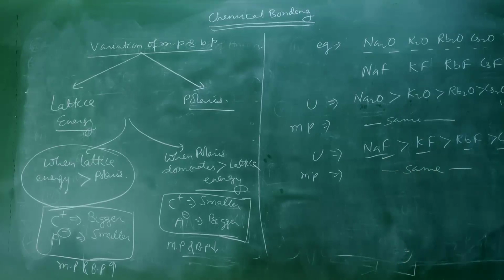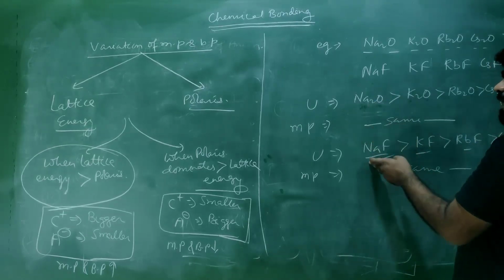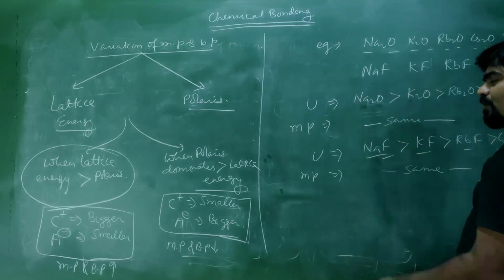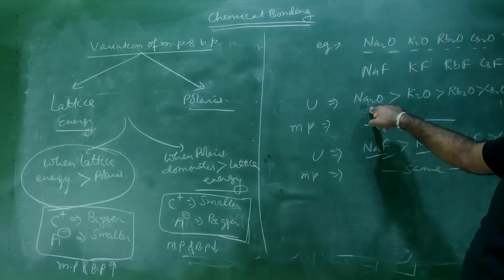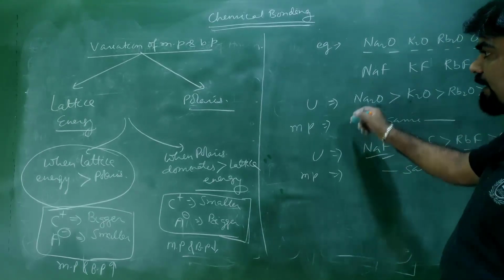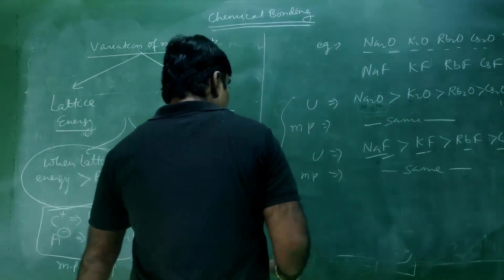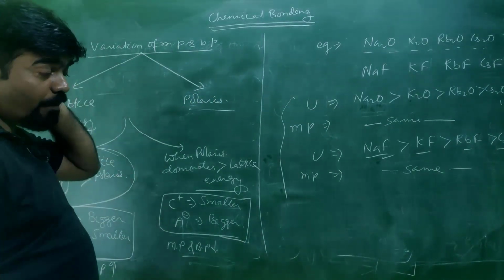If we compare these two, Na2O will obviously have a higher melting point than NaF, because product of charge in this case is more and in this case is less. Like that we can explain melting point and boiling point variations in ionic compounds.